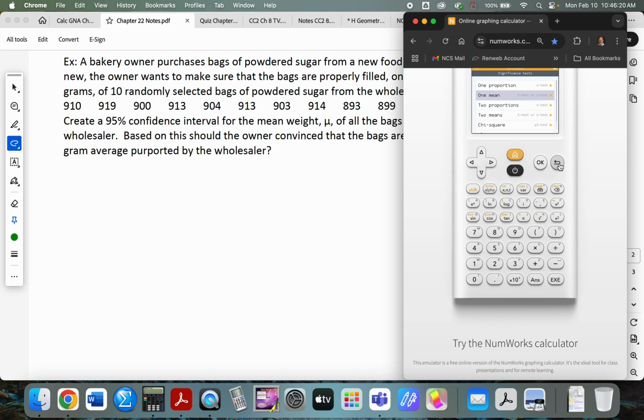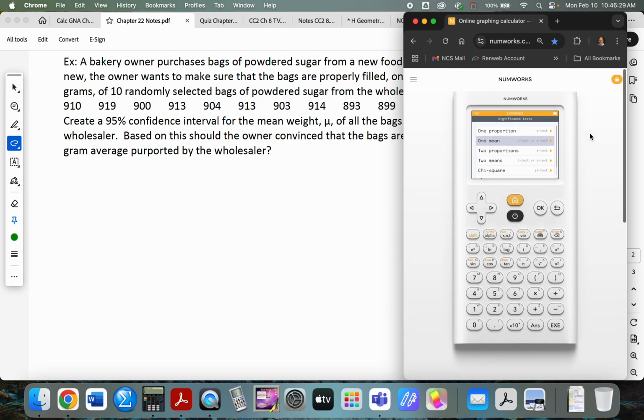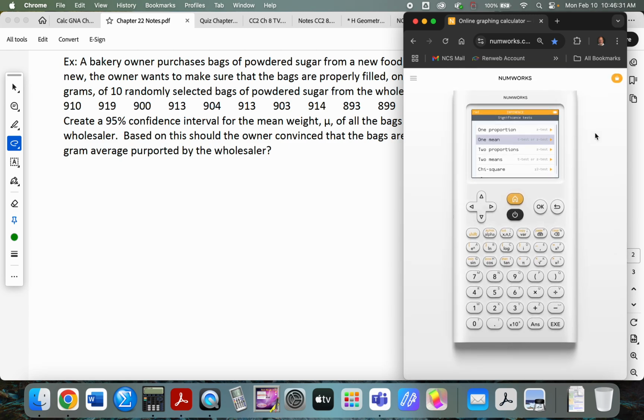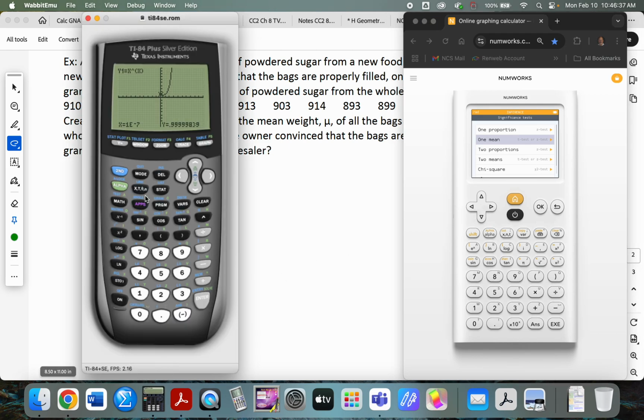All right, so here we're looking at one mean, and on the NumWorks calculator, it says, notice that it's a t-test or a z-test. If you're looking at the TI, you don't have that problem.